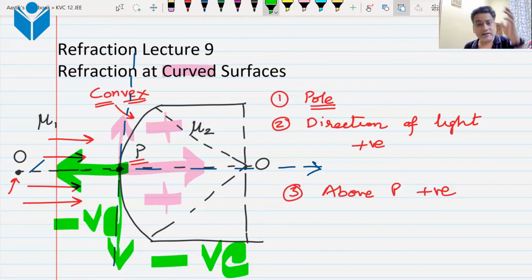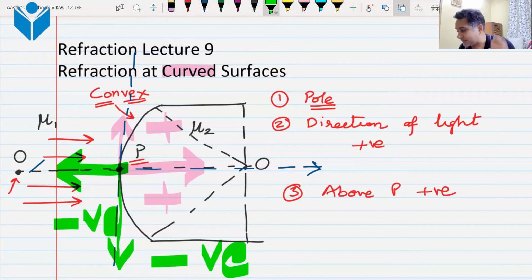But as we had seen in the case of mirrors, light normally comes from the left side. Here the light may come from the right side as well. If it comes from the right side, everything reverses. If light comes from this side, this direction becomes positive and this direction becomes negative. So it all depends on from where the light is coming.